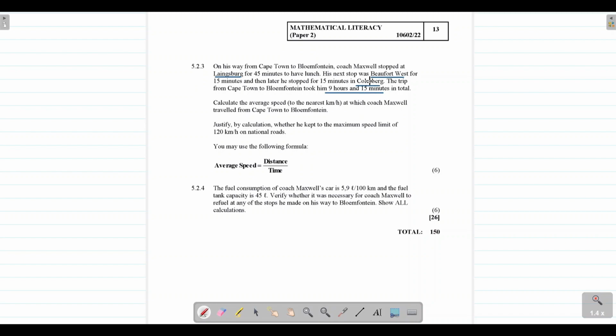However, we notice here that the time that he spent traveling from Cape Town to Bloemfontein is given as 9 hours and 15 minutes. So we still need to convert those 15 minutes into hours before we can plug this into our equation.